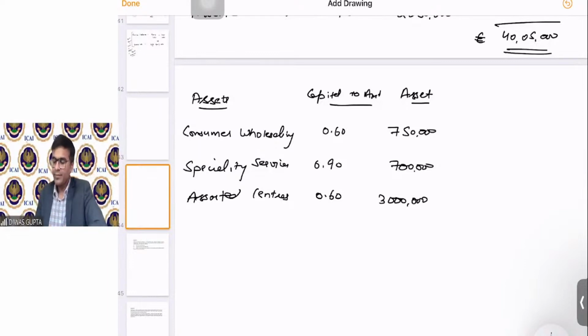Okay. So this becomes how much? This becomes 4 lakh 50.